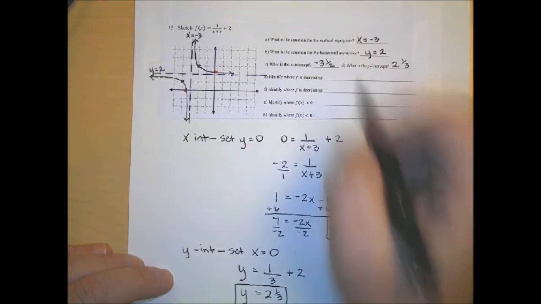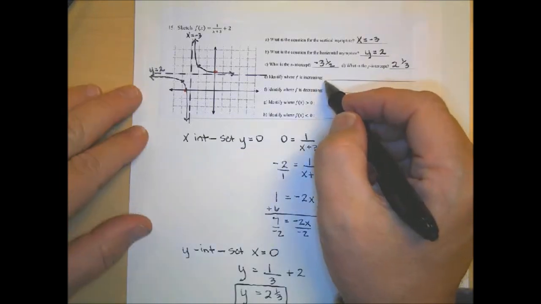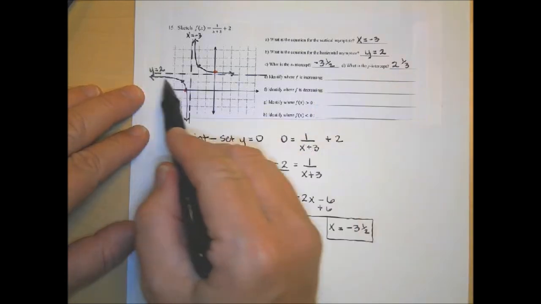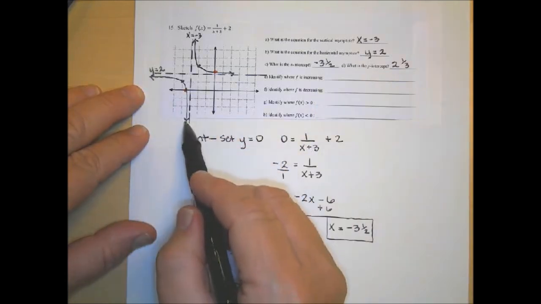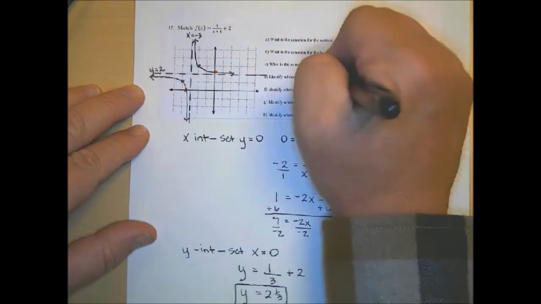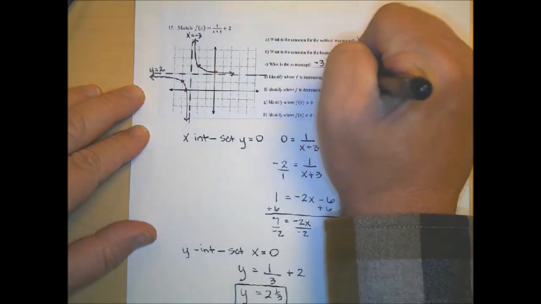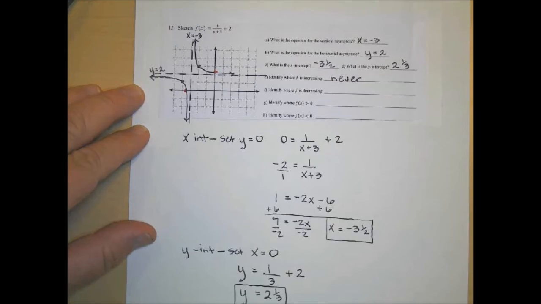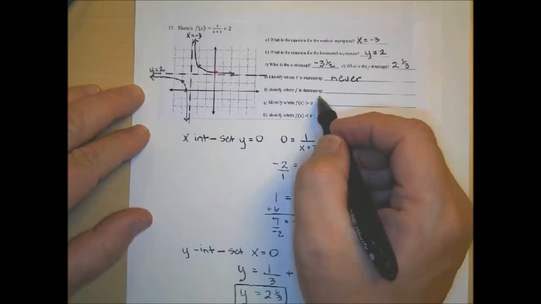Now, identify where the function is increasing. It never increases. It decreases in this section, and then once it jumps up here, it continues to decrease in that section. So, the answer is it never decreases. Or, I'm sorry, it never increases. Okay? It's always decreasing.